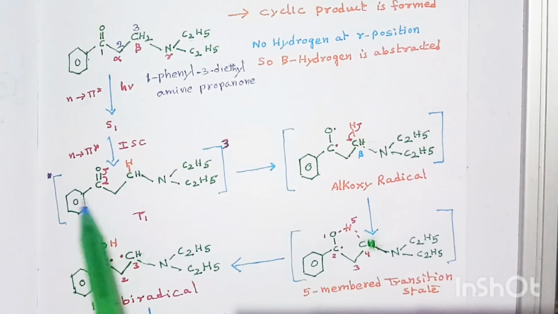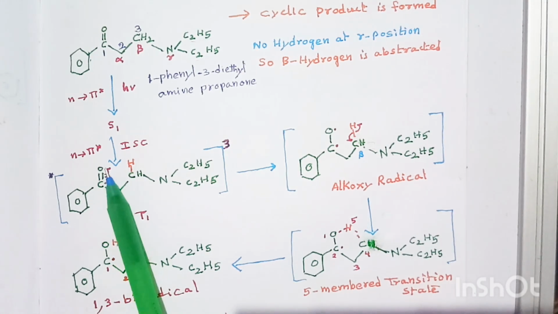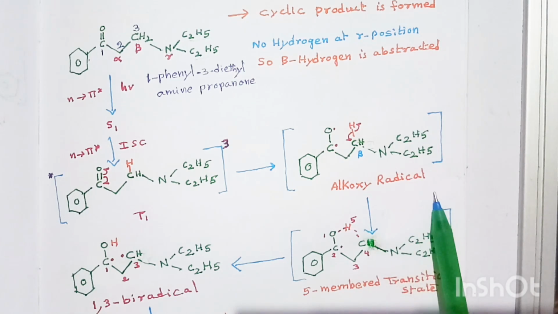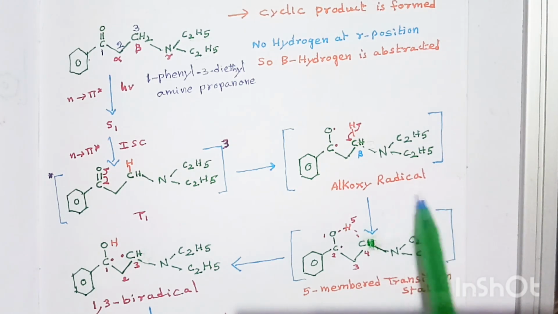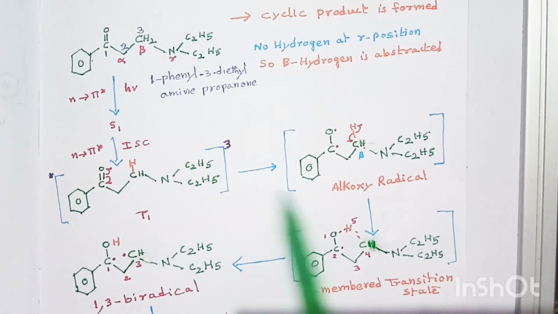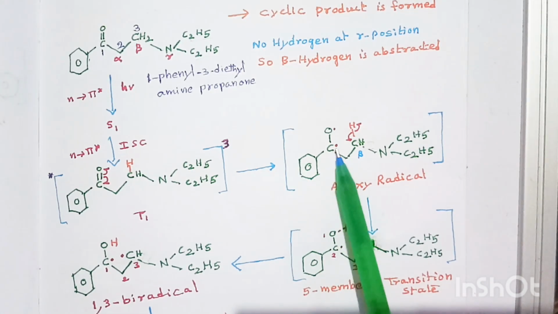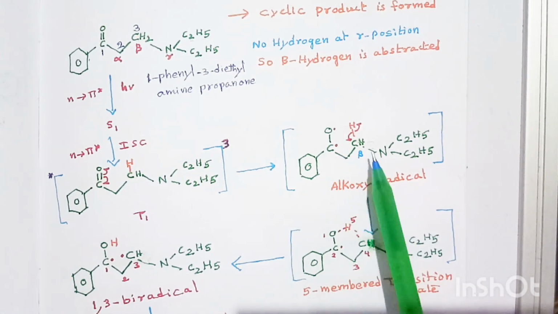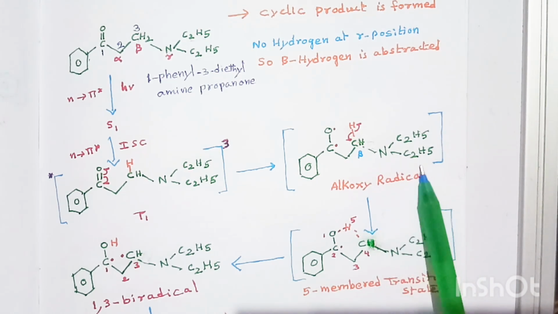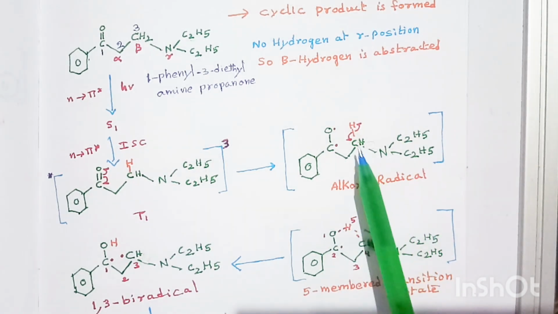In the triplet state, the pi bond between carbon and oxygen cleaves homolytically to give us an alkoxy radical. This is the beta carbon and this is the beta hydrogen. So this is the alkoxy radical, C6H5, C radical, O radical, CH2, CH2, N, C2H5, C2H5.